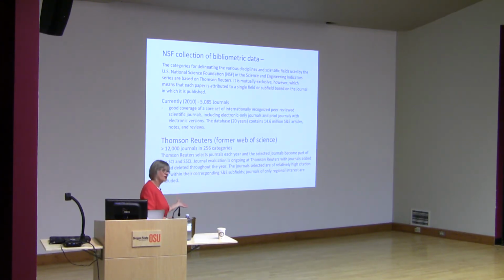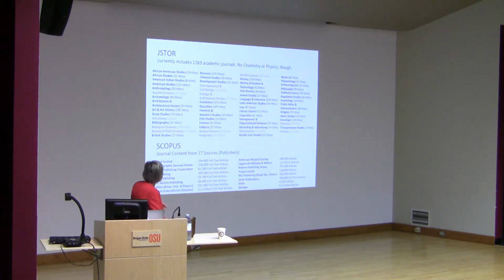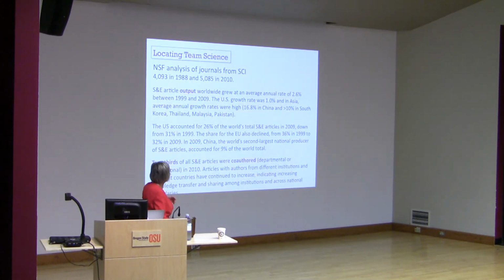There is Thomson Reuters, which you all know as the former Web of Science, and they have 12,000 journals. JSTOR has a lot of journals, but there are very few science journals. They have biological sciences in there, but no chemistry and physics. And then there is Scopus, which is a big database that's combining all of the publishers together, and they have lots and lots of different articles.